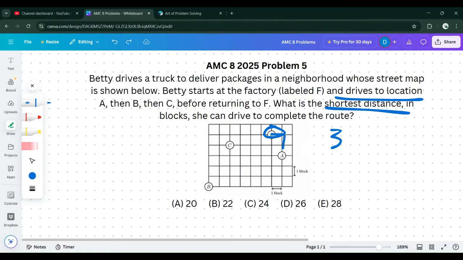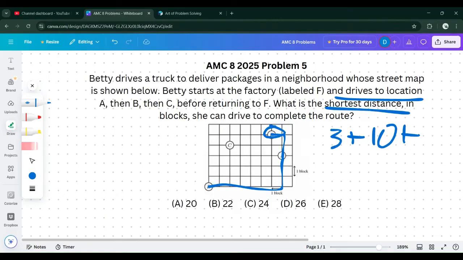And we can use the same method from A to B. So from A to B, we're going down 3 and left 7 for a total of, I believe, 10 blocks. And once again, we're not looping around. We're just going straight to the target and having our mind on the target and just driving toward that target.